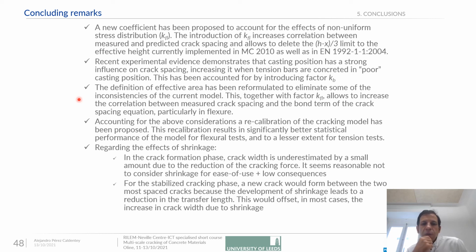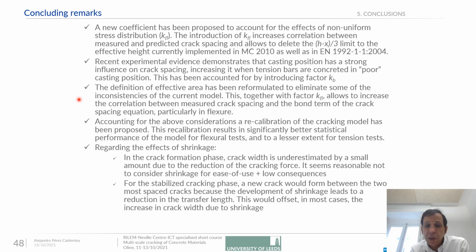Accounting for the above considerations, we have had to recalibrate the model so that we obtain results that are similar to what we had before, because we're looking at the same experimental base. And this recalibration results in significantly improved statistical performance in terms of the mean squared error, and also in terms of the coefficient of variation.